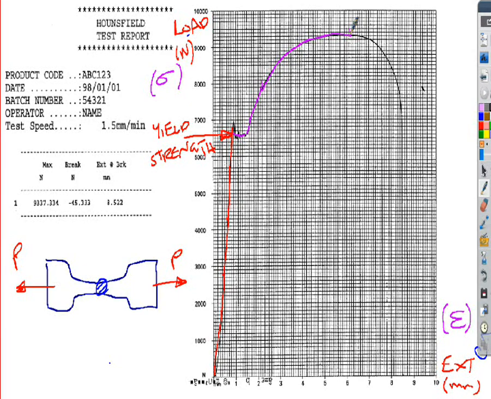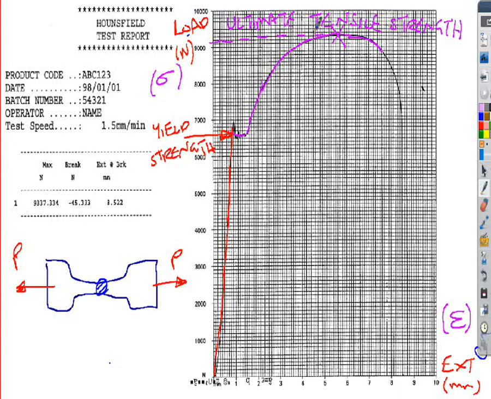But if we do continue to load it past the plastic section, we'll eventually see the load-extension curve do this. And this highest point in the curve, this point here, is often called the ultimate tensile strength. That's when it's broken into two bits in the test machine on the shop floor.